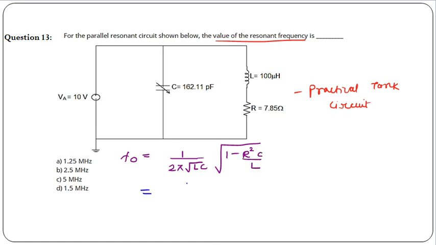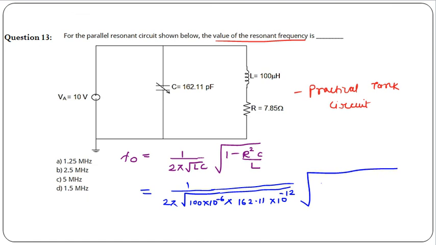Now let us substitute the values of R, L and C. So this is 1 by 2 pi root of L into C, where the L value is 100 into 10 to the power minus 6, and the capacitance value is 162.11 into picofarad, so pico is 10 to the power minus 12.